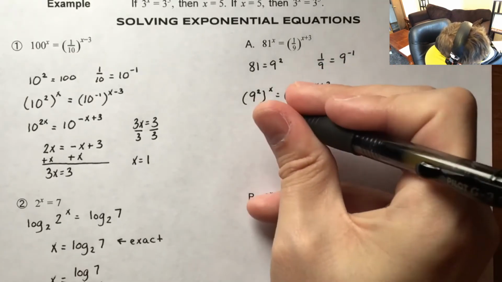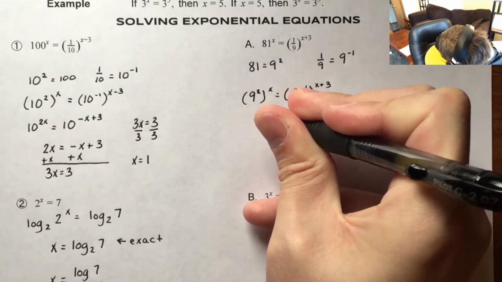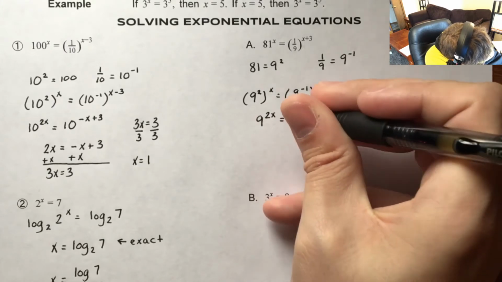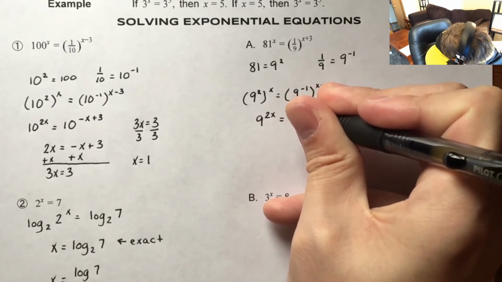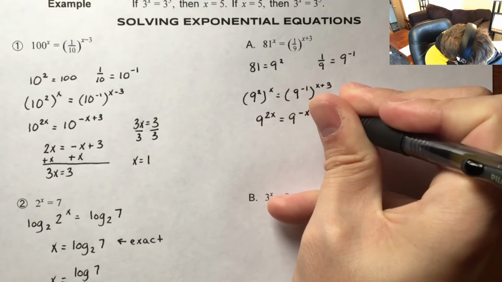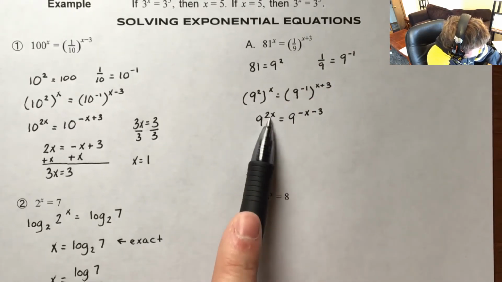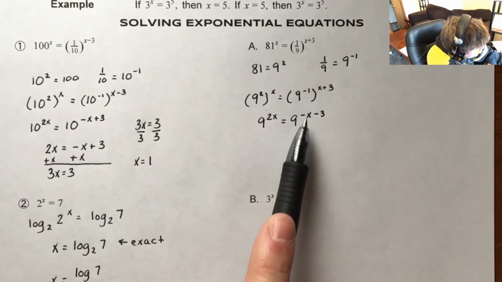Okay, so then this is going to get me 9 to the 2x power. It's going to be equal to 9 to the negative x minus 3 power. Again, 2 times x is 2x, and negative 1 times x minus 3 is the opposite of x minus 3.